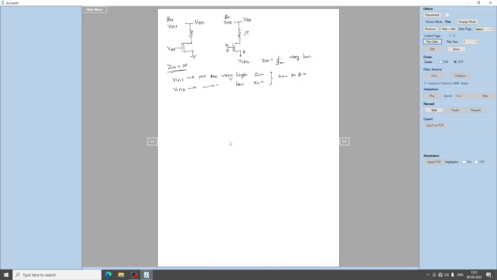So now to fix this we use a buffer. One of the buffer circuits we have discussed is the common drain amplifier, which we can use.